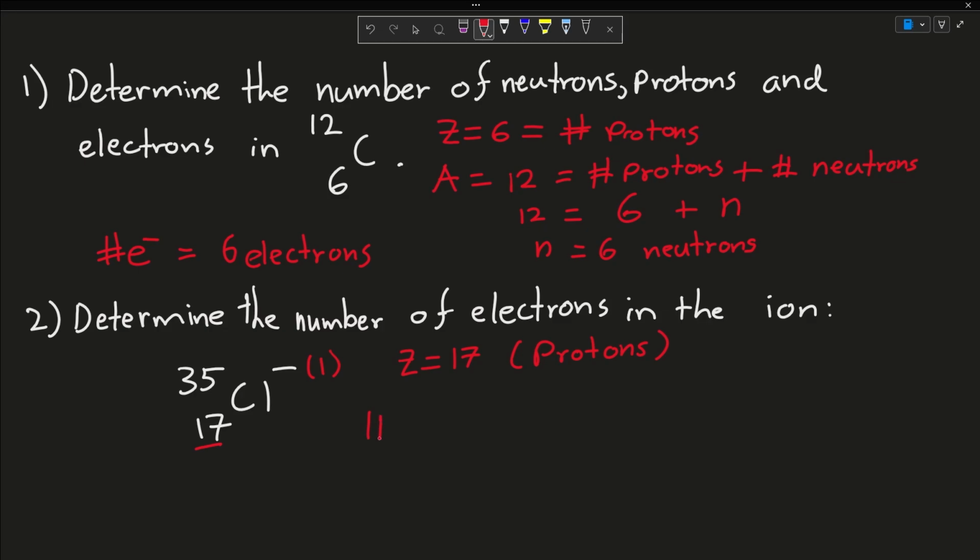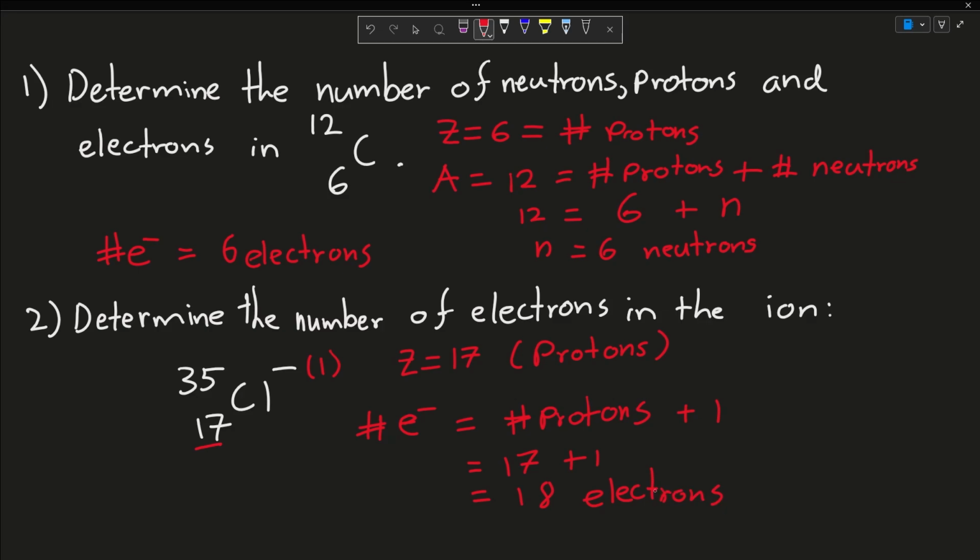So the number of electrons, E, would equal the number of protons, which is just the atomic number, plus 1, because we have an overall charge that is -1. So therefore 17 plus 1, which is equal to 18 electrons.